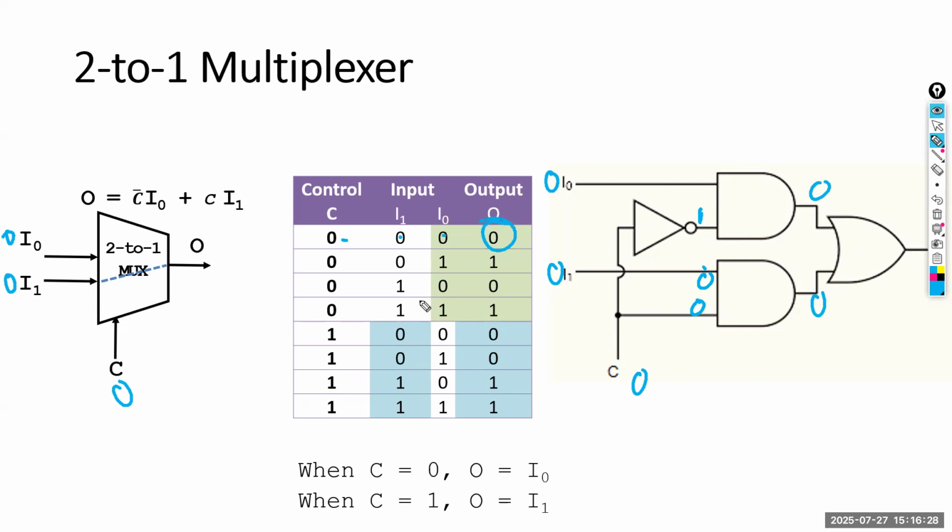Okay. Now let's take something like 0, 0, 1. Control is 0, I0 is 1, I1 is 0. So this is 1, this is 1, 1.1 is 1. This is 0, 0.0 is 0. 1 plus 0 is 1.